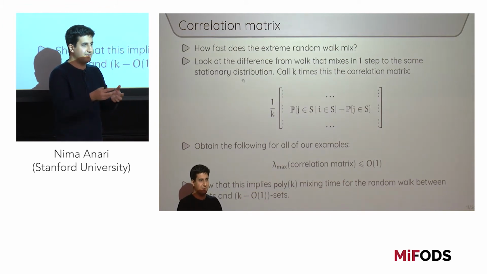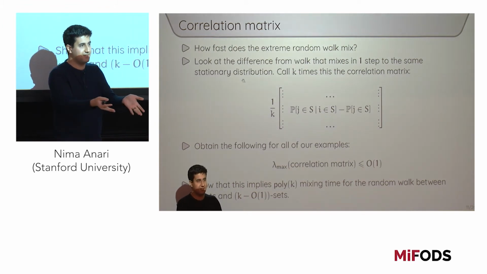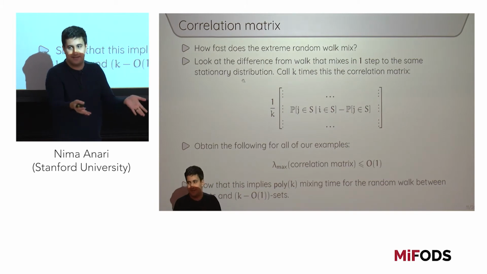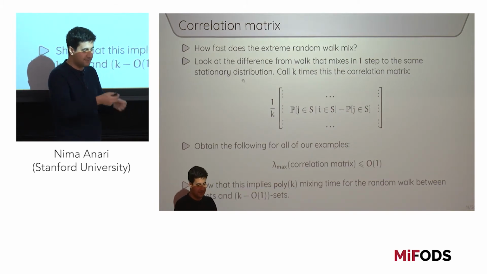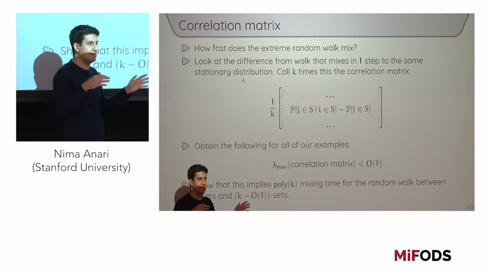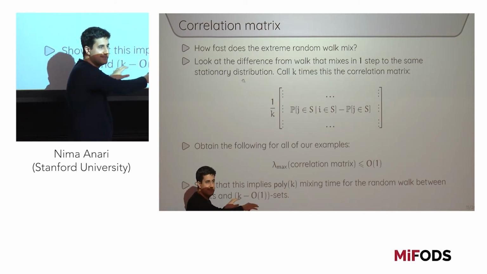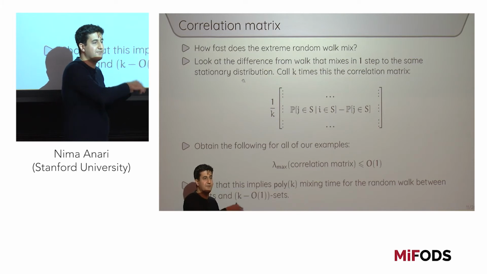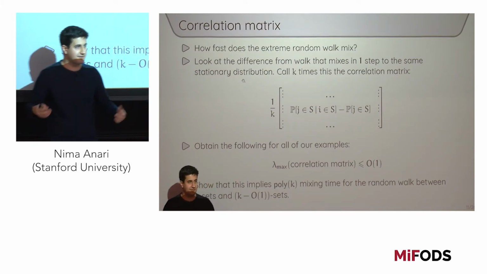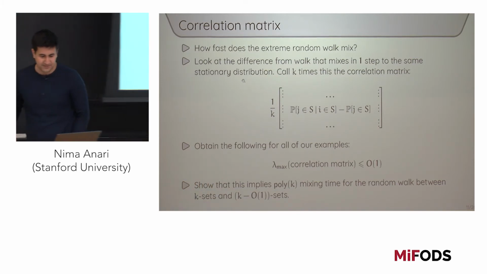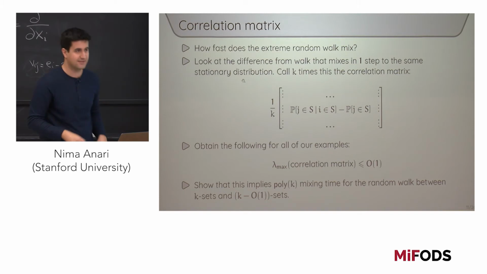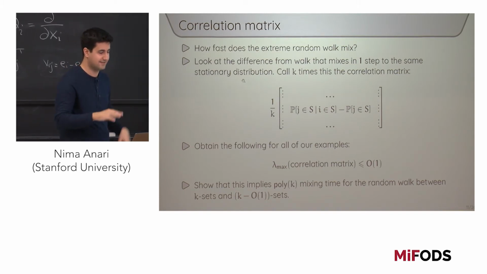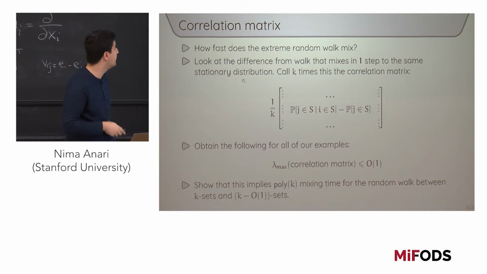And also, you have to implement each step using an algorithm, and that's going to take time polynomial in n. So the probability of the starting point might also depend on n, so there might be some dependencies on n here if you're turning this into an algorithm. So yeah, sorry, poly k mixing time. I should have said poly k relaxation time. But don't worry about it if you don't know what that means.